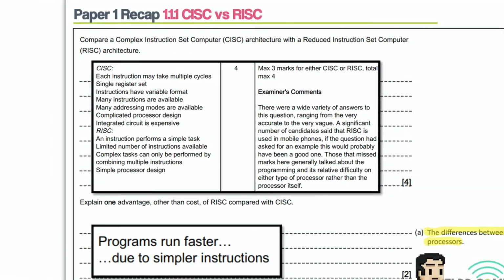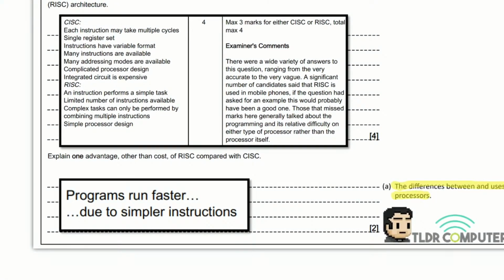And for the answer of what's the advantage? Well, in a RISC processor, the program runs faster due to simpler instructions. And we said specifically, it means that it's more straightforward to use pipelining techniques on a RISC processor.